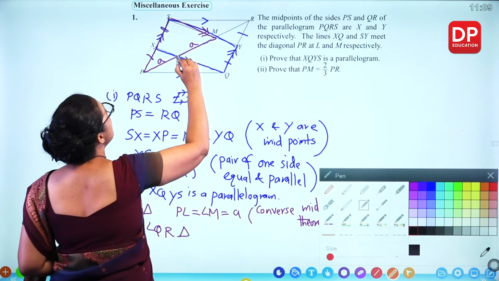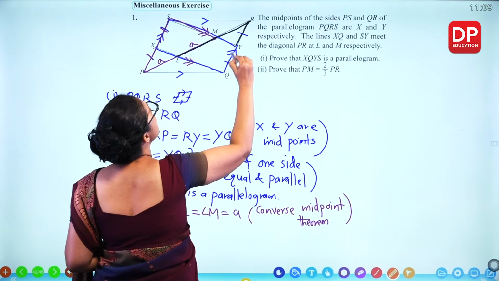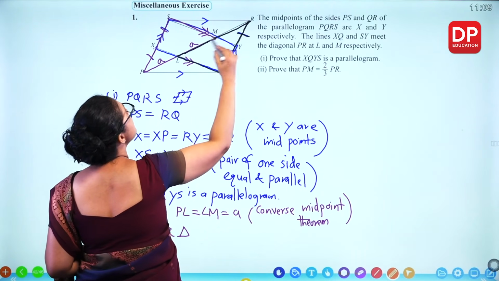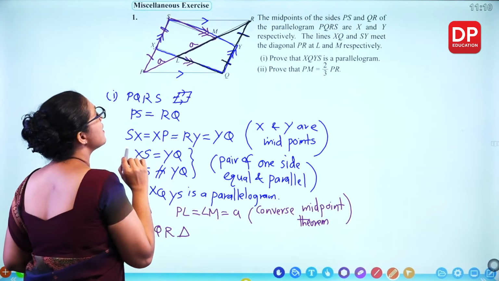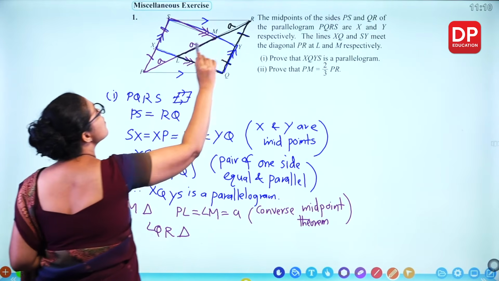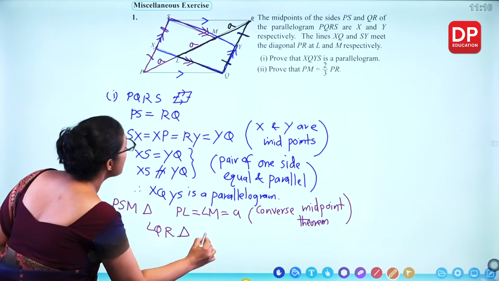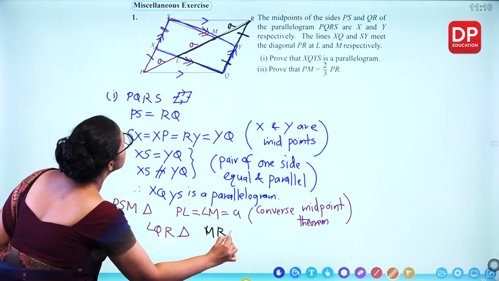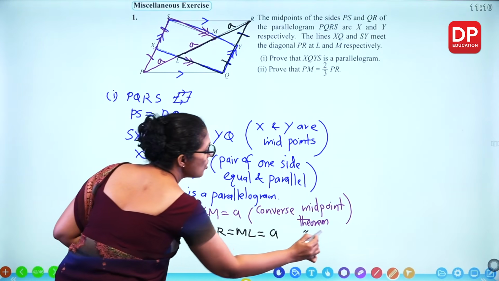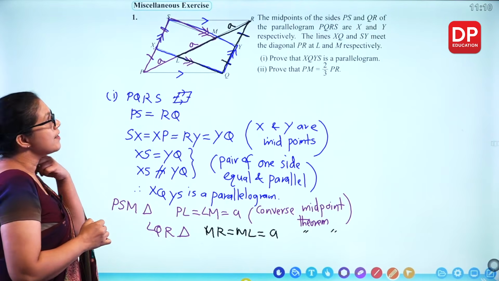This length is equal to this length and these two lines are parallel, I can say this length is equal to this one. So I can write MR is equal to ML, that's A according to Converse midpoint theorem.